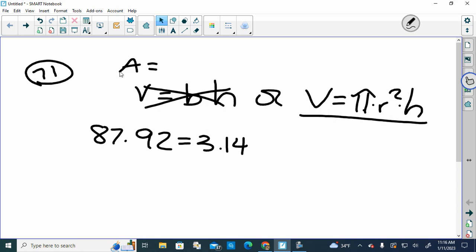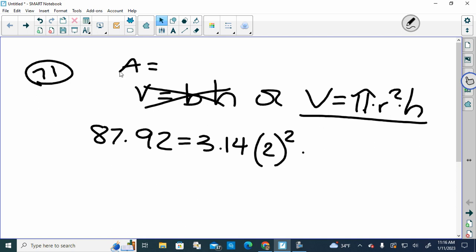They gave us diameter, so we have to take a flashback to our circle lesson. Diameter on a circle goes all the way across. We don't want that, we want radius. So what is it? Half of that. Half of 4 would make it 2. So we're going to plug in 2 here that we're going to square.